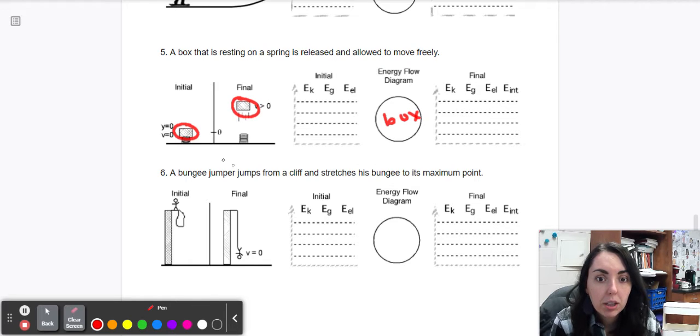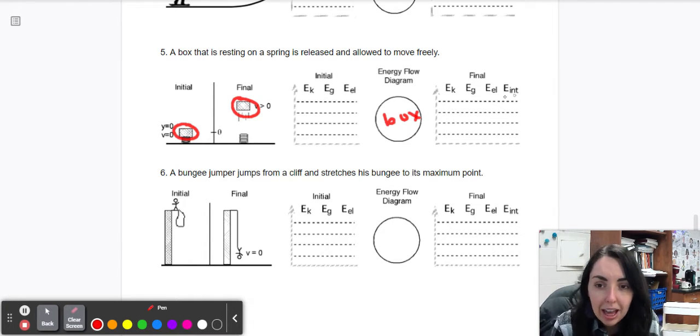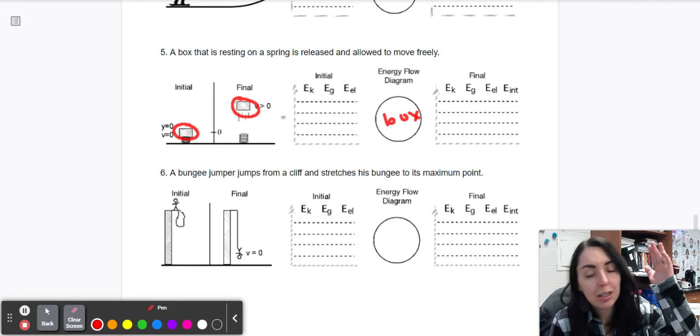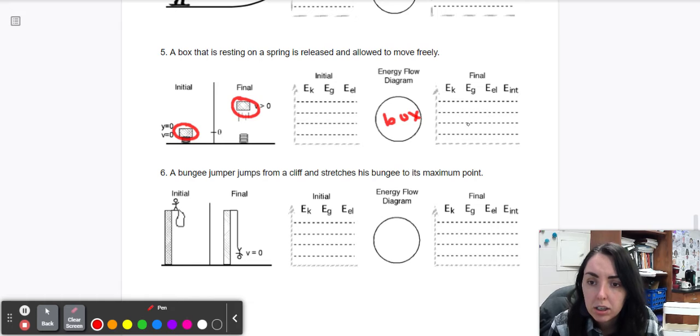So I've got my box here to start. It says y equals 0, v equals 0. So that means it's not elevated and it's not moving. So it actually has no energy to start. But at the end, it's up in the air and it's moving. So it's got some gravitational, it's got some kinetic.